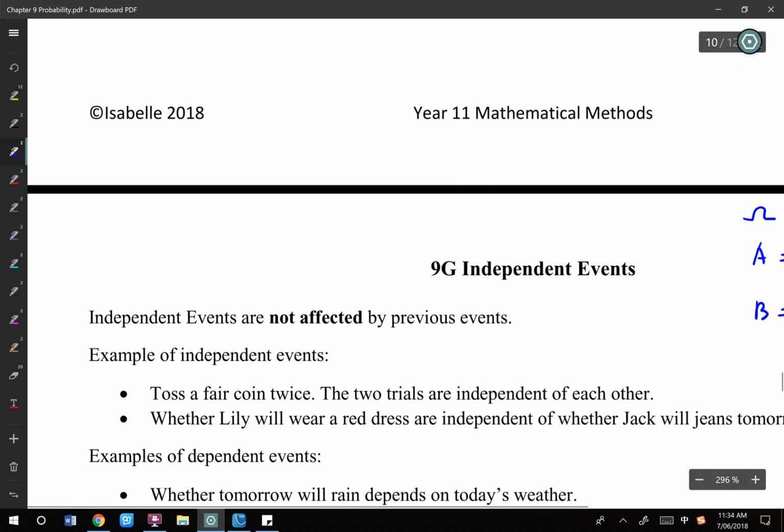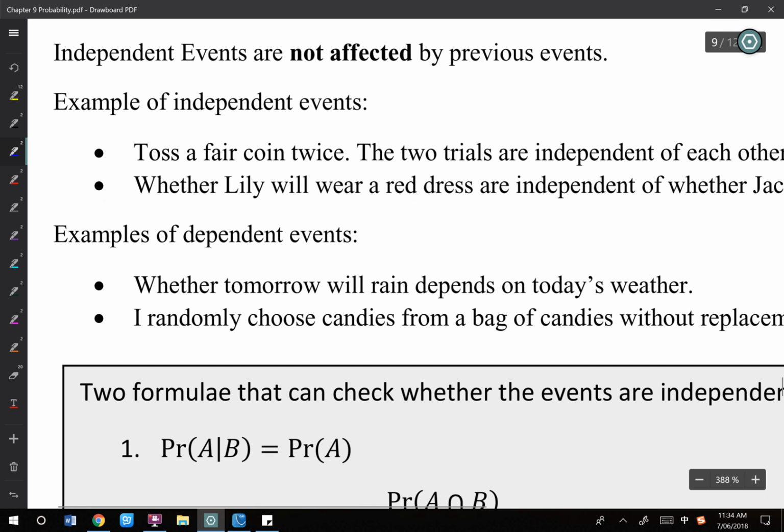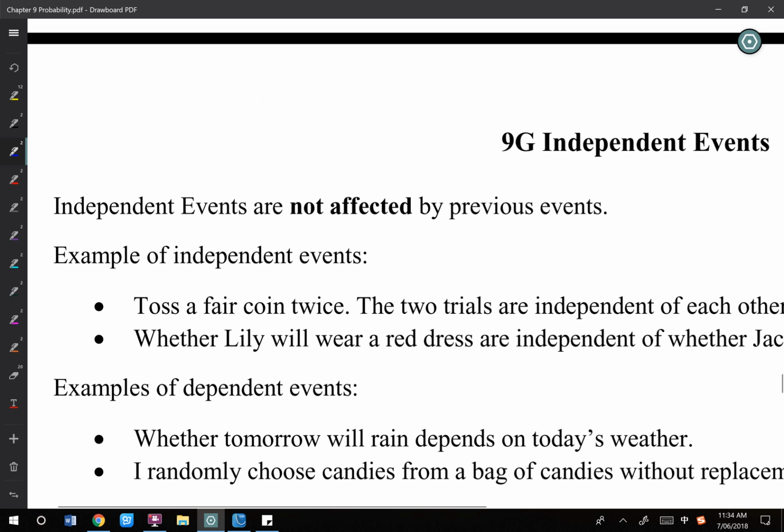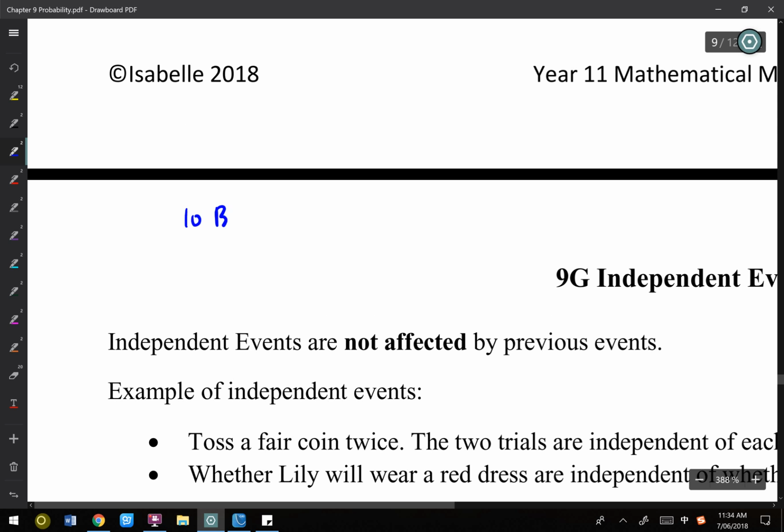So what are independent events? Independent events are events that are not affected by the previous events. For example, I have a bag of candies, some black chocolate, some white chocolate. Let's say we have 10 black chocolates and 5 white chocolates.